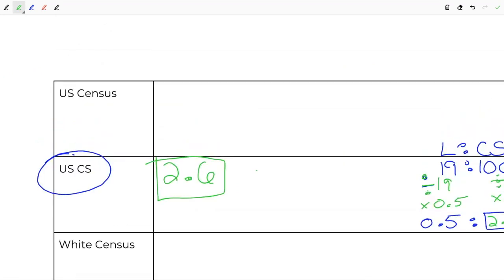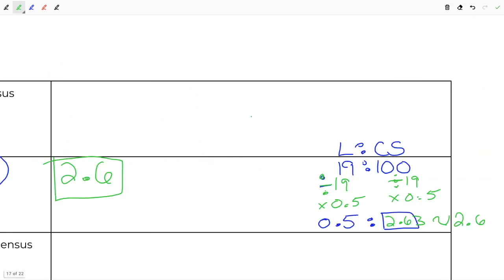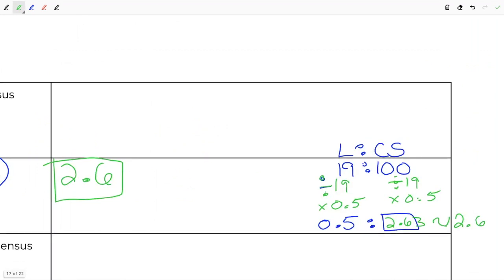So now we need to use this information to find out how many people are on our lawn total, which means we need to set up another proportion over here. And that proportion is going to be correctional system to census.